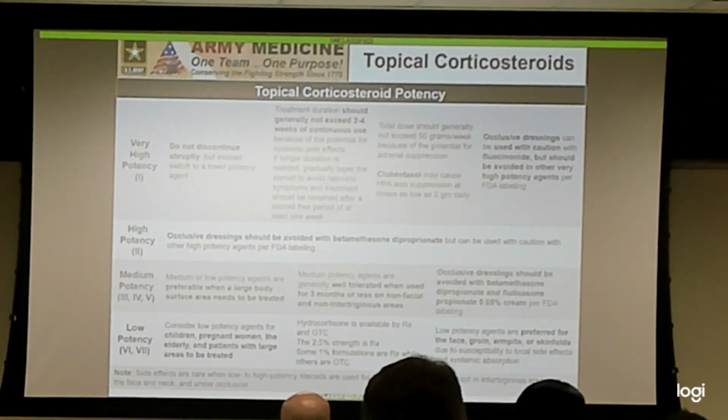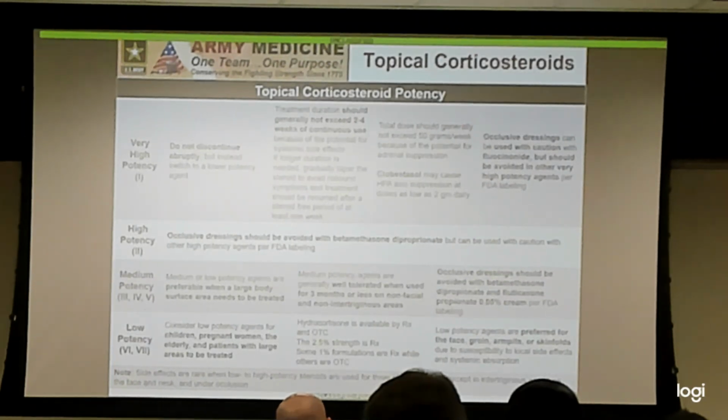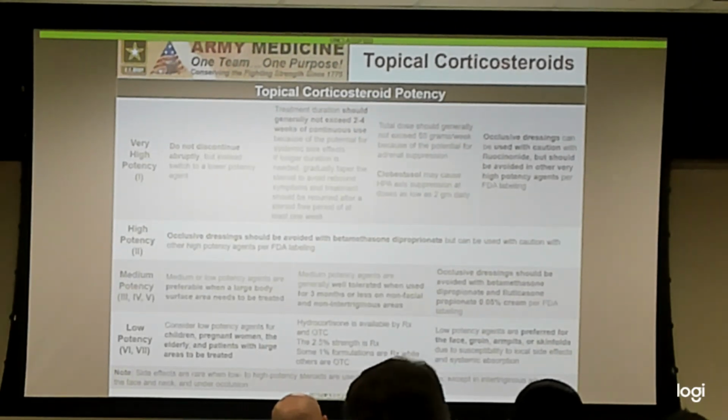So people will just take the cream and slap it on, and they'll put it on not how you're recommending. When you're counseling your patients and giving them a steroid, tell them to use it how you have taught them to use it, okay? Also, tell them to speak to the pharmacist, because this is just as harmful as taking a medication by mouth, especially with a higher potency of our topical corticosteroids, okay?